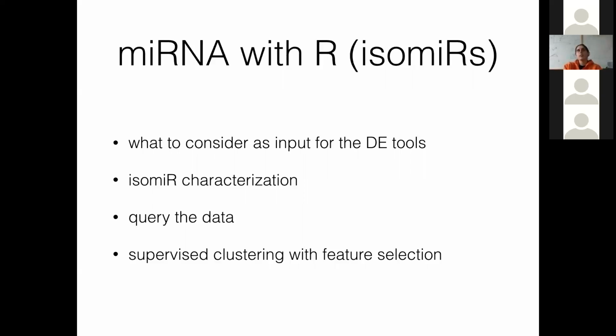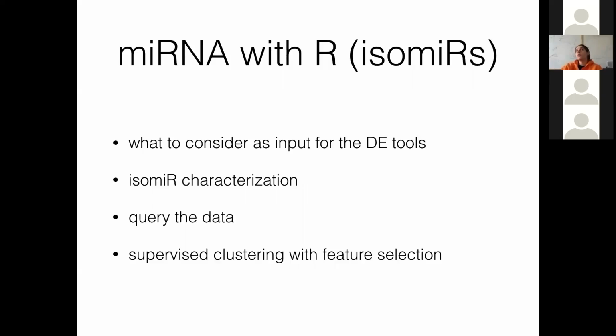So what we use in the core, since we are in a pipeline, is this: from the output of mirtop, we plug the files into the isomiRs R package, so it can treat that directly. We use that because there are people that only want microRNA differential expression, forget about all these isomers, put it all together and do the differential expression.